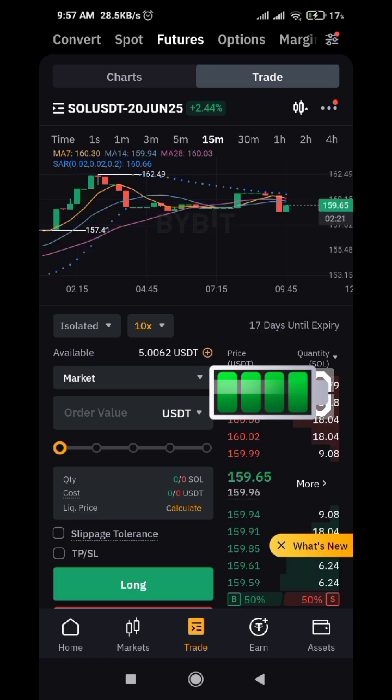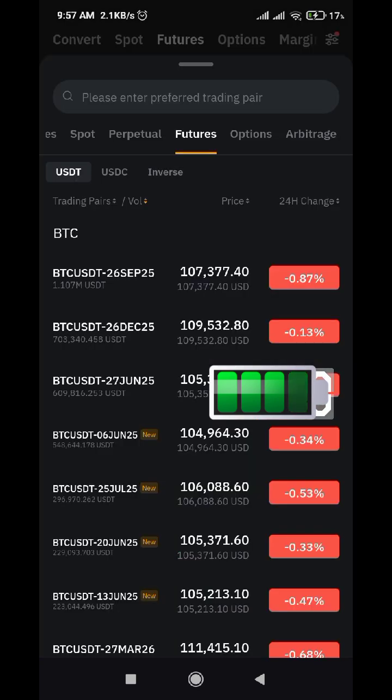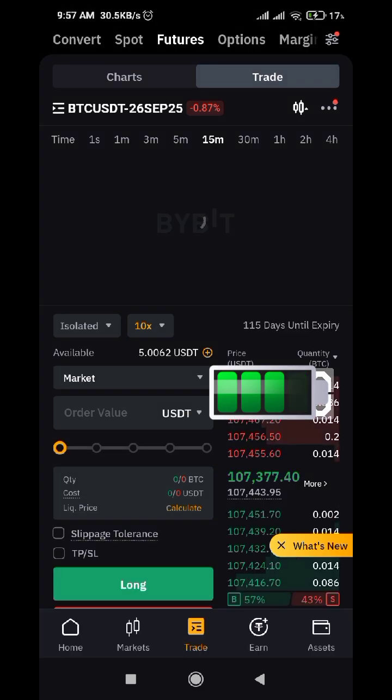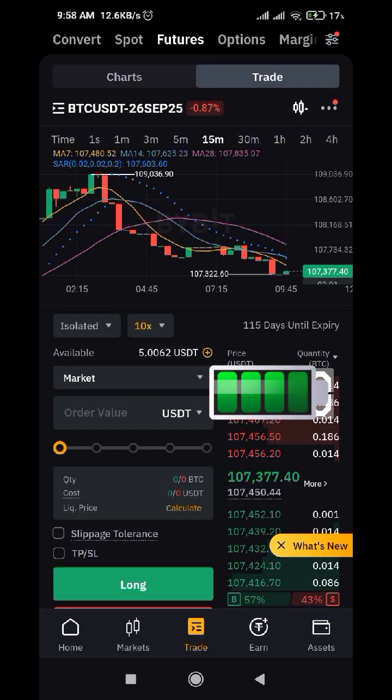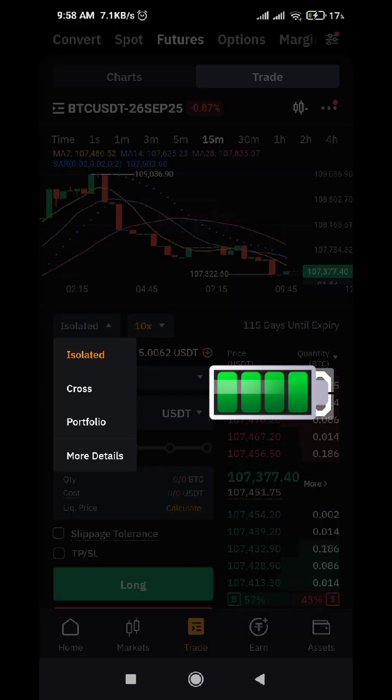Now this is futures. If you want to trade futures, you are going to be extra careful because futures is very volatile. If you want to do any one of these, for instance, you want to do BTC/USDT, and you want to trade that, make sure there is something we call isolated, cross, portfolio.